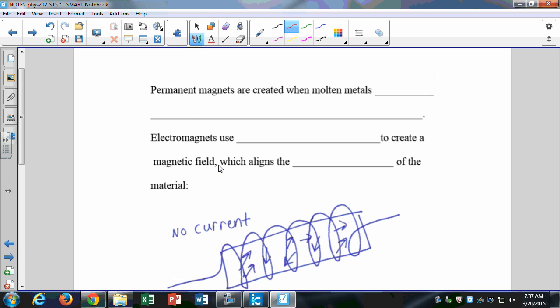So permanent magnets are created when molten metals cool, or solidify, in the Earth's magnetic field.